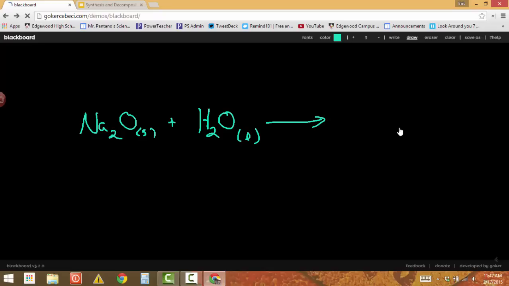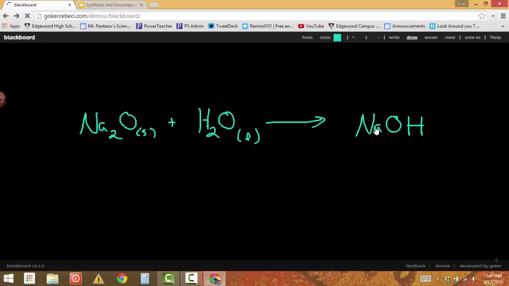And according to my rules, this is a metal oxide. Sodium is a metal. Metal oxide plus water, we get the hydroxide of the metal. Well, the metal is sodium, and hydroxide is OH-. So hydroxide of sodium, sodium hydroxide, is NaOH. Sodium hydroxide. I'll come to the state symbol in just a second, because we have water now involved.